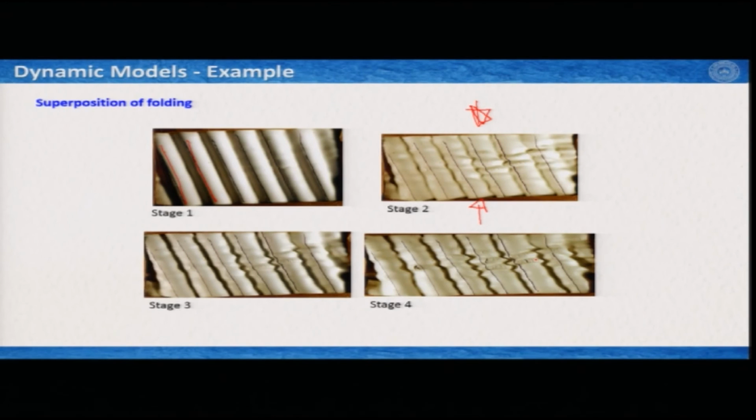These experiments were performed to understand whether the new folds being generated are as big as the previous one, or smaller, or even larger than the previous one, and we figured out that no, these are small, at least these are very small in this case. But this is a dynamic model.